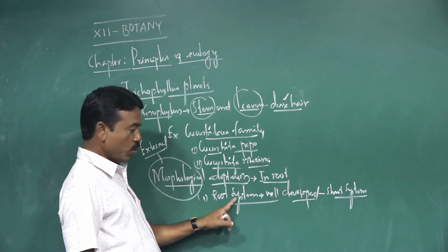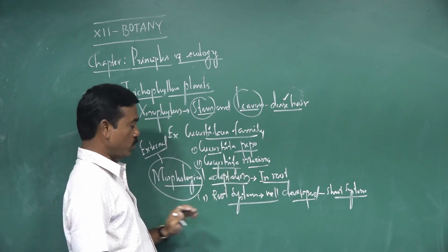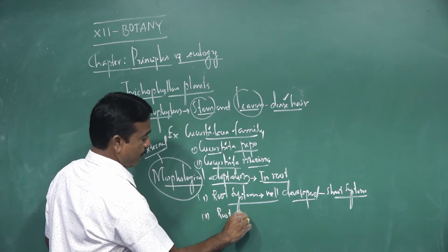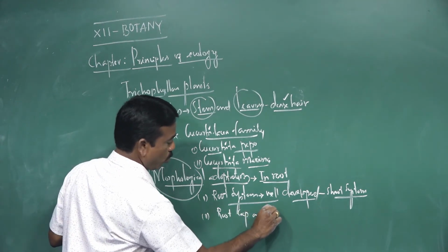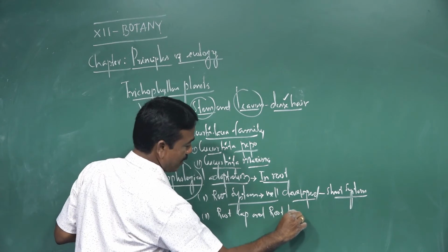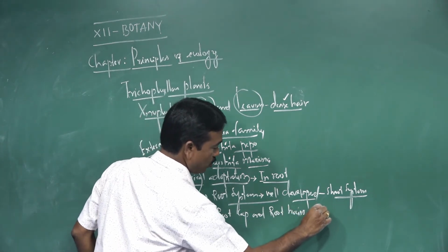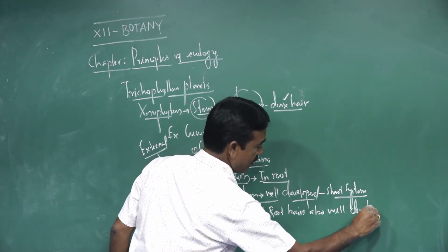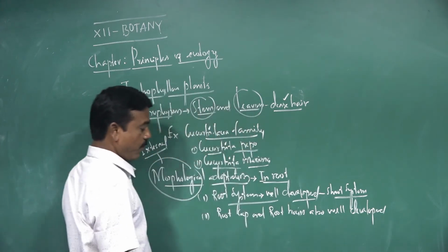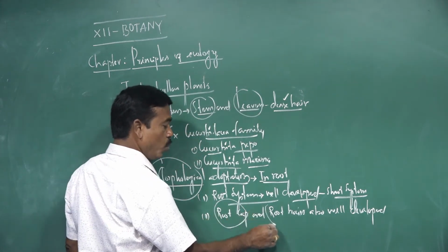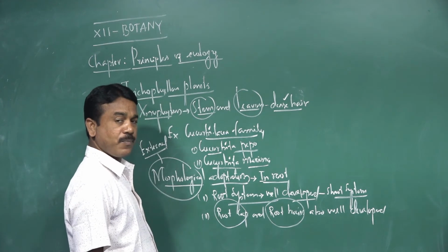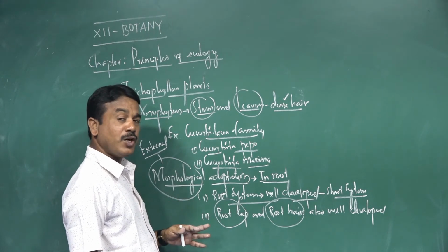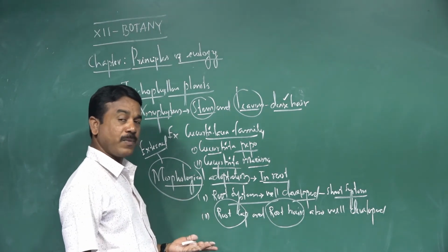So the root system is well developed compared with the shoot system. Second thing, the root cap and root hairs are also well developed. If the root cap and root hairs are not well developed, xerophytic plants cannot stay fleshy during dry conditions.